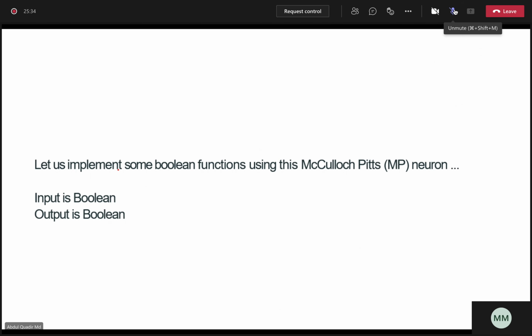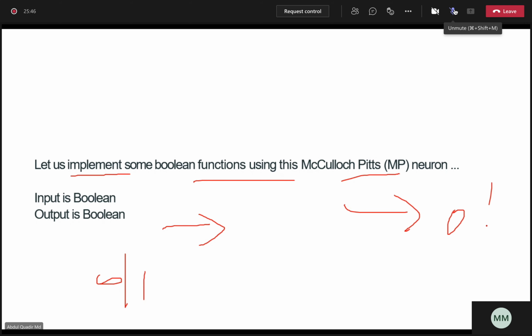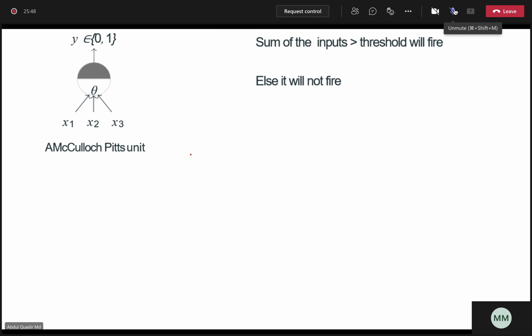Now let us implement some Boolean functions according to MP neurons. Now listen please. In MP neurons, the input is binary, that is Boolean, and the output is also binary, which is Boolean. So, students, if I have 3 inputs, the sum of the inputs, if it is greater than the threshold, it will fire, else it will not fire.